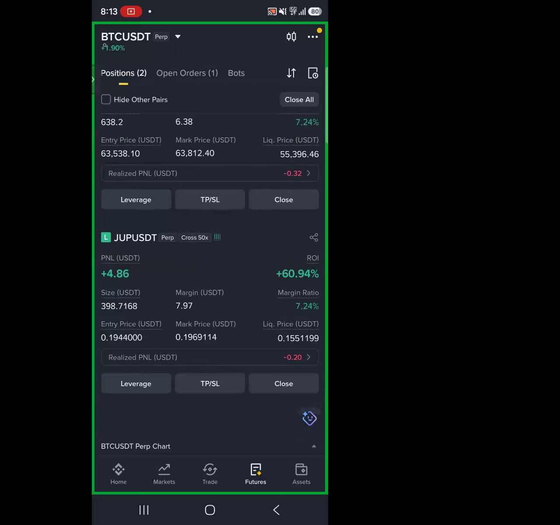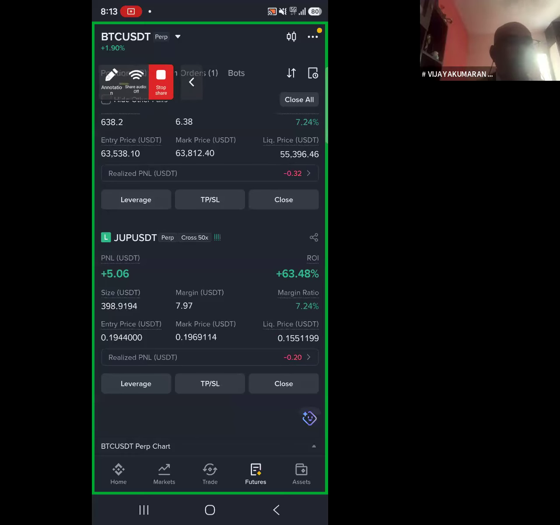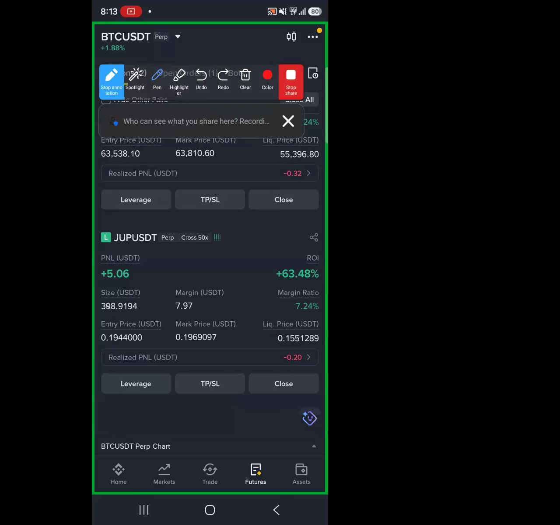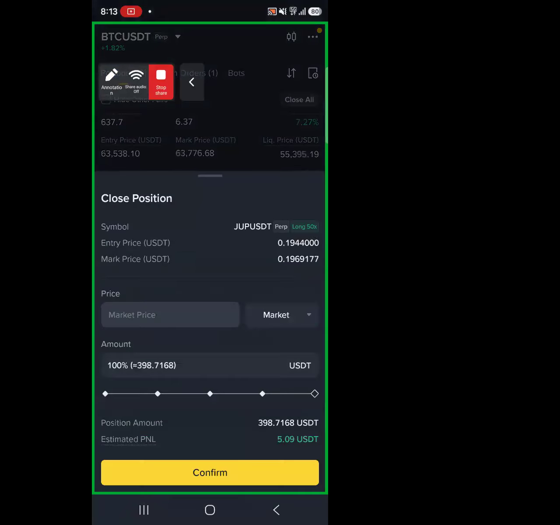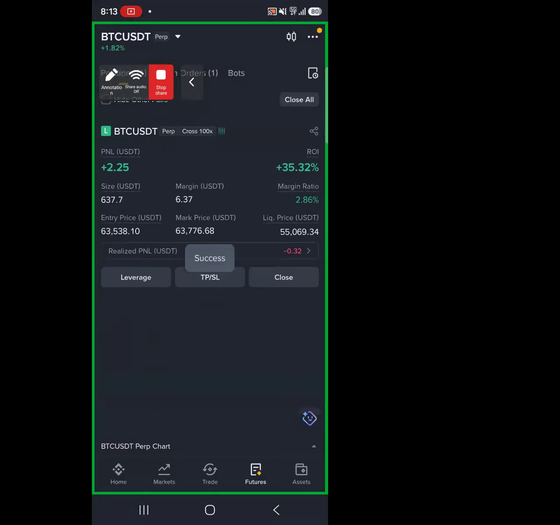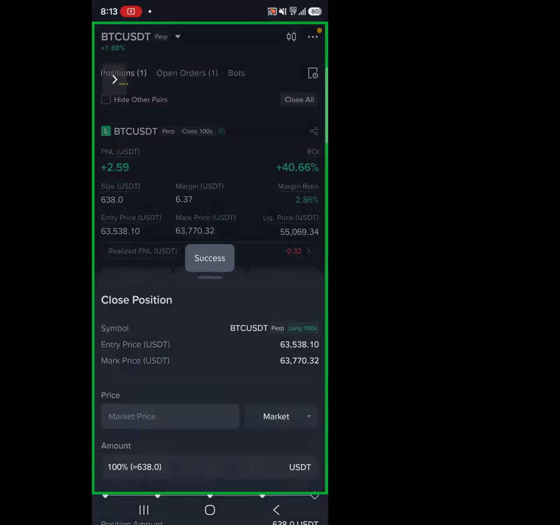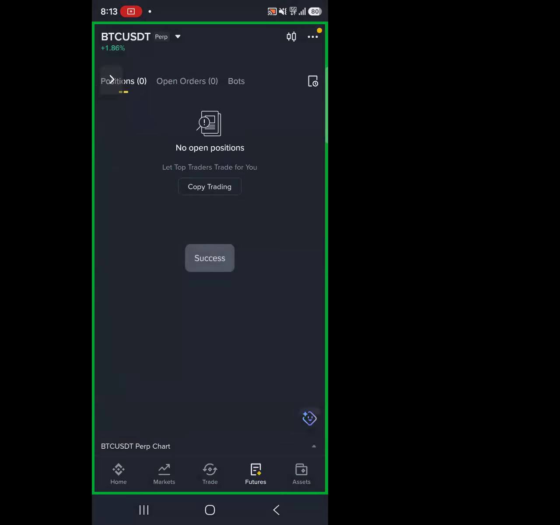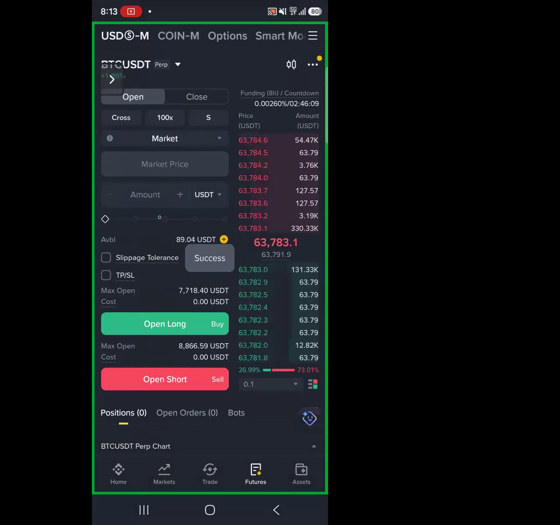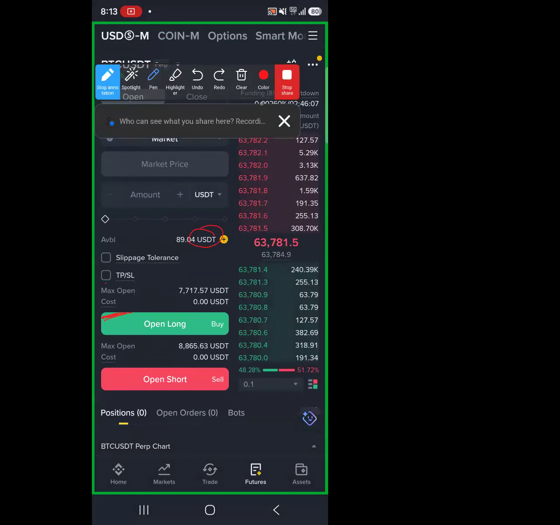Okay, so I went for 5x, 50x, and that was the percentage I picked. For example, let me close this trade first. I close it at current price. Let me close this one as well, and then in total we have 89, right?